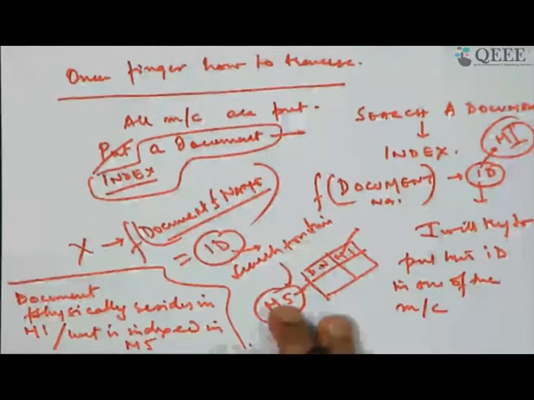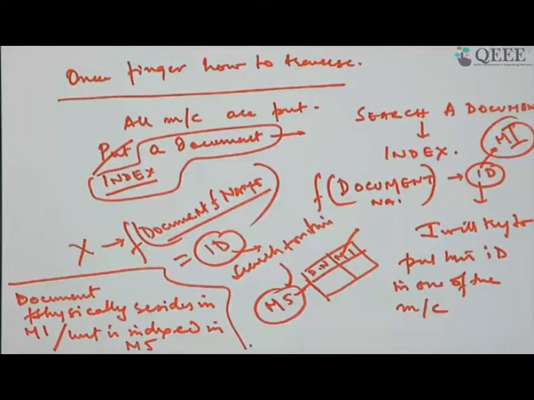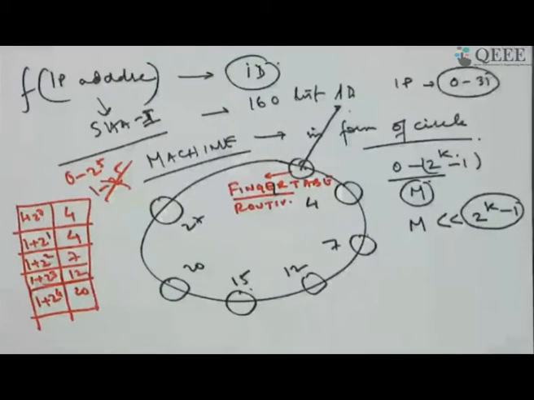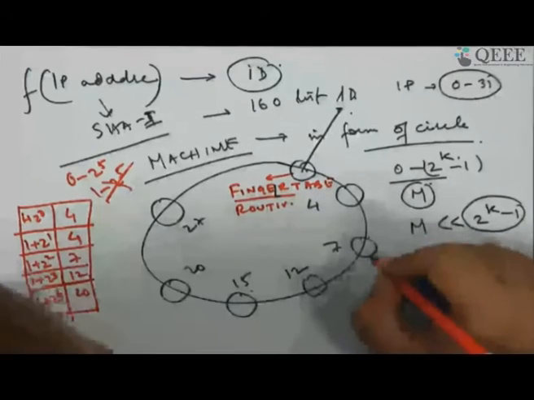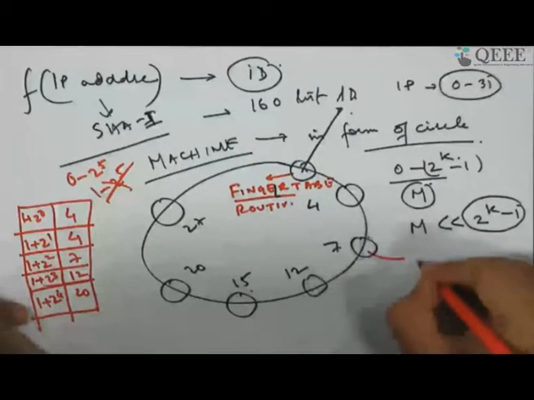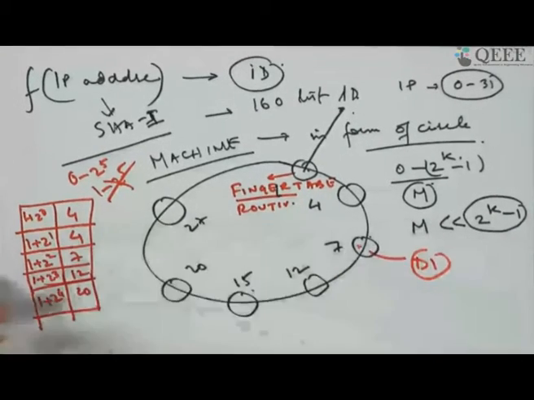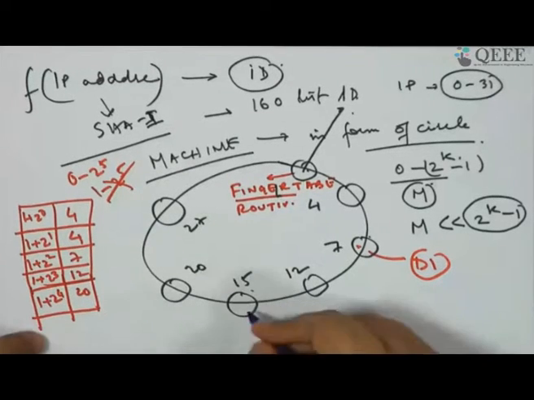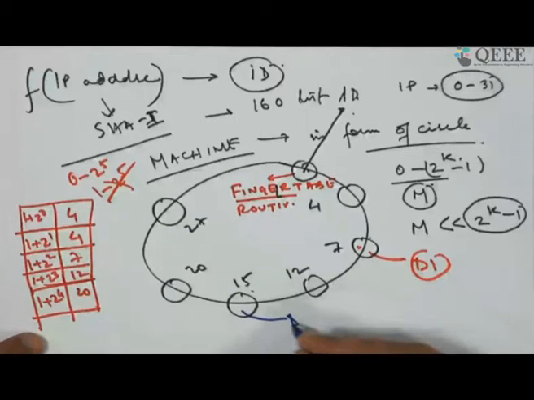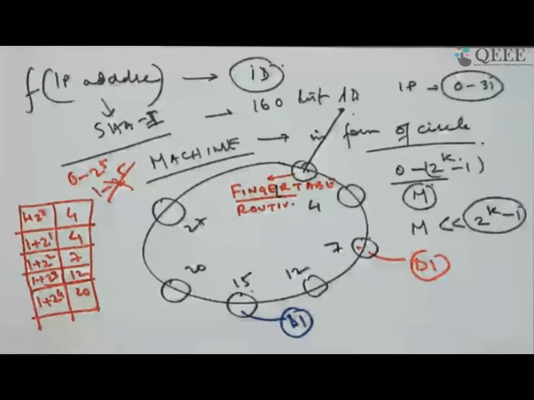So try to understand this, that the document is physically residing in machine 1. This is a document which physically resides in machine 1, but it is indexed in machine 15. It is indexed in machine 15. Okay.